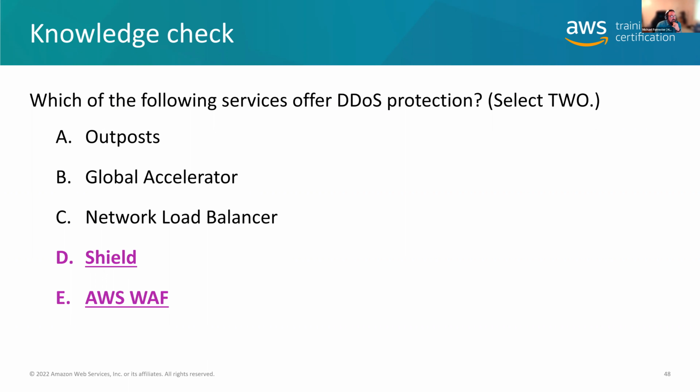Okay. Looks like there's agreement on D and E, Shield and WAF. That makes sense. Good.